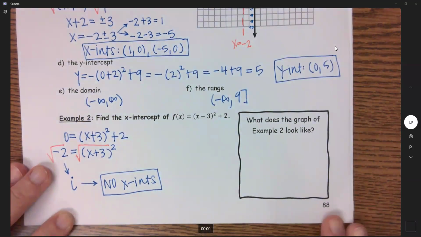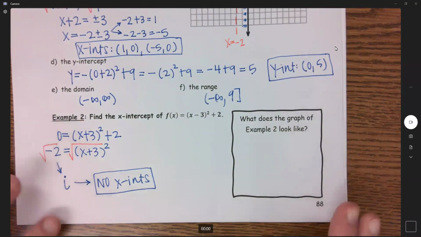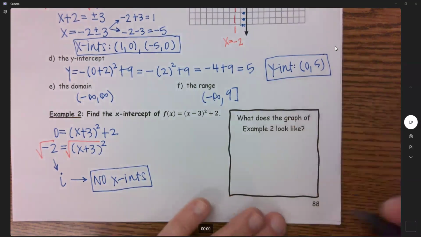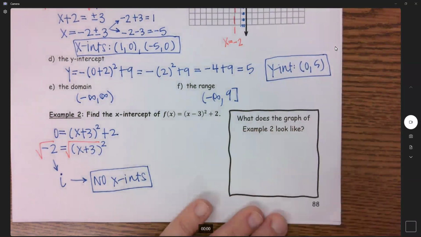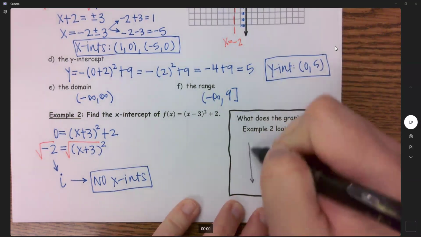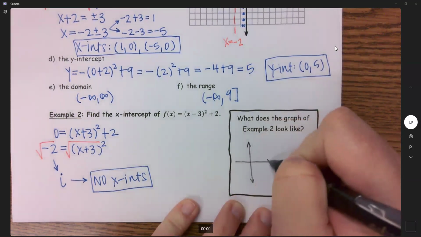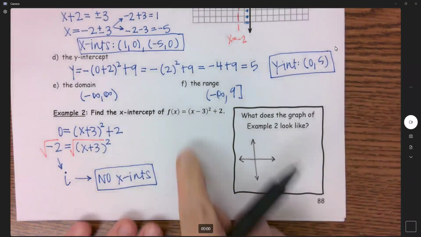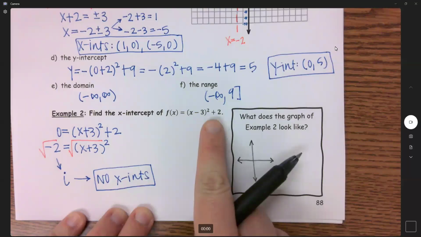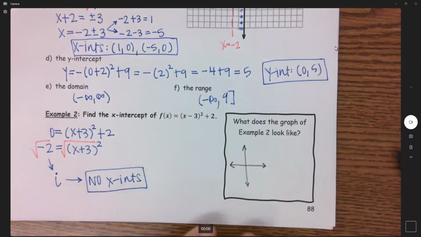And I guess we just kind of talked about what that looks like, right? If I was to graph it, it says, what does the graph of example 2 look like? If I was to graph, because this is positive, that means it's opening up, and we already said that the vertex here was -3, 2.